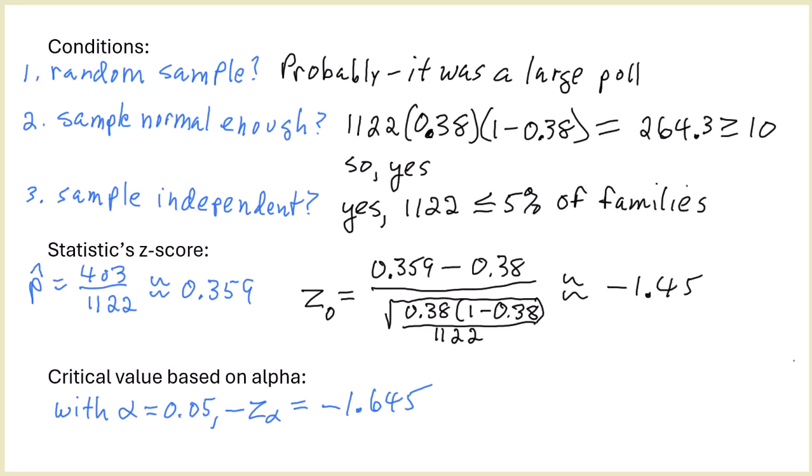Yeah, thank you, 90. If I've got a 90% confidence interval, how much area is in each tail? 5%, 0.05, which is what alpha is here. So I'm hoping this starts coming together for you. This critical value is the same as what it would have been for a 90% confidence interval, because 5% is in each tail, and this is a one-tail test.